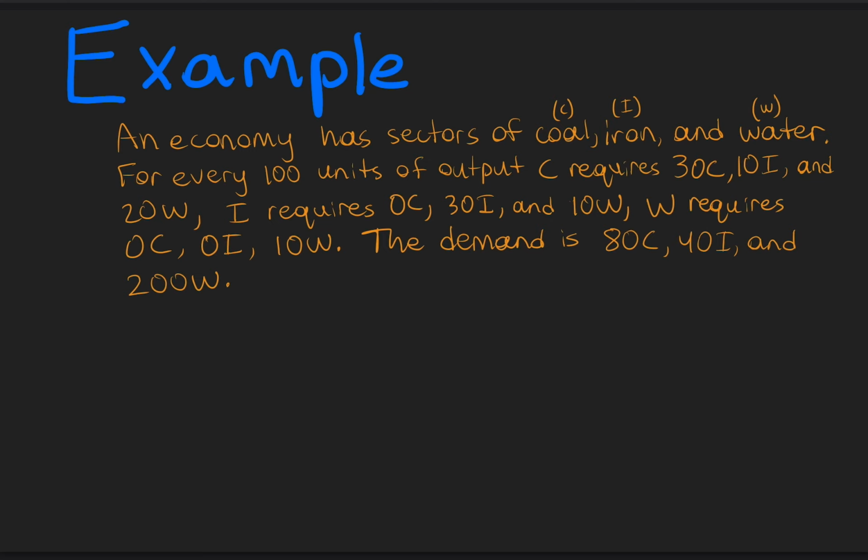For every 100 units of iron produced, this would require 0 units of coal, 30 units of iron, and 10 units of water. And for every 100 units of water produced, this would require 0 units of coal, 0 units of iron, and just 10 units of water. So the demand is 80 coal, 40 iron, and 200 units of water that is asked of us.